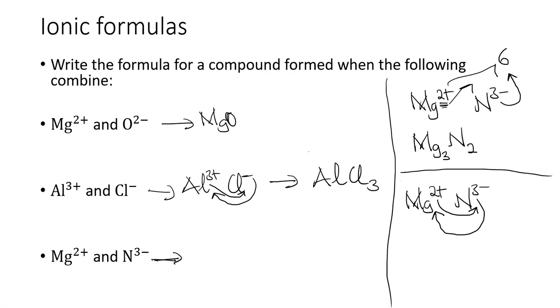So in the end, you have your formula, Mg3N2. So this is your ionic compound, or the formula of your ionic compound. So let's move on.